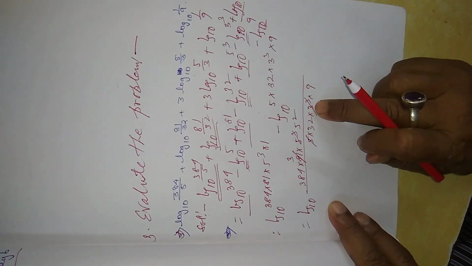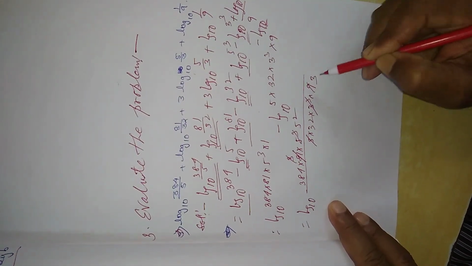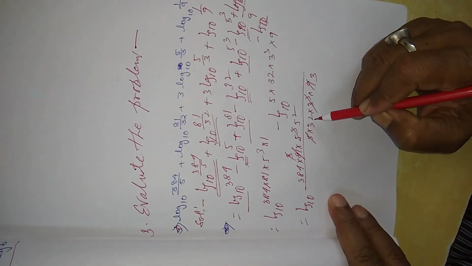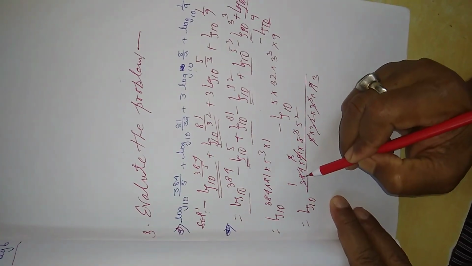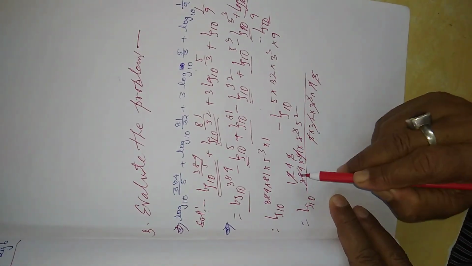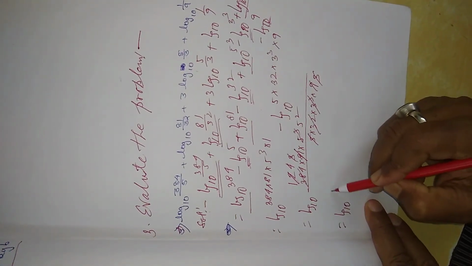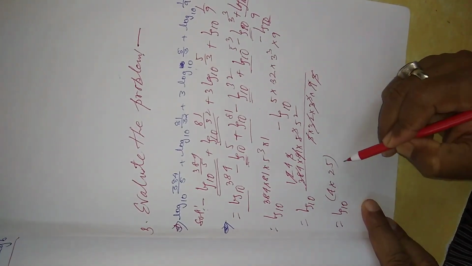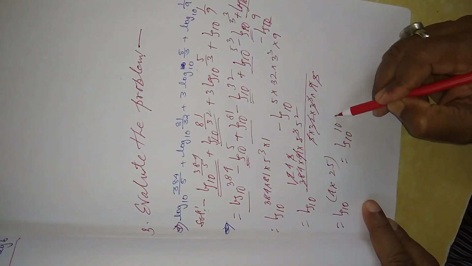Directly I am cutting here. 3 threes are 9, cutting must be clear. 32 here directly you can cut: 32 times 12 is 384. So 4 into 5 square. Write it separately, that is 4 into 5 square, 5 square is 25, so 25 into 4 is 100.